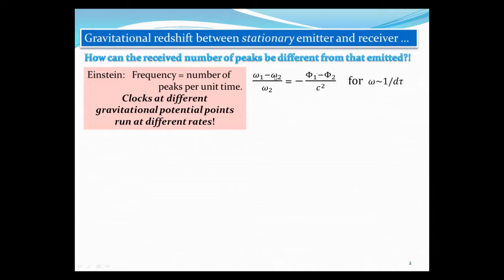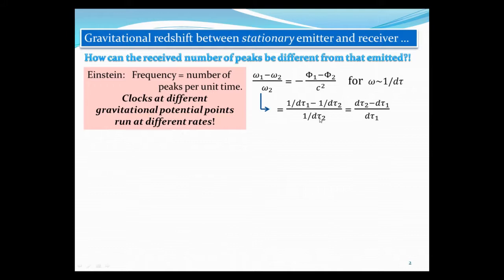So here's the formula for gravitational redshift. The frequency shift is related to the potential difference. But now the frequency is directly proportional to the inverse of the time rate, the proper time rate. So the left-hand side can be written as omega 1 is 1 over d tau 1, omega 2 is 1 over d tau 2, and so on.